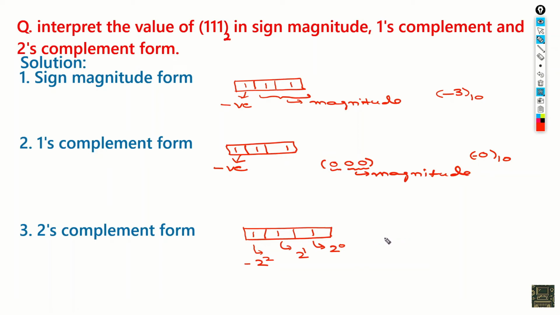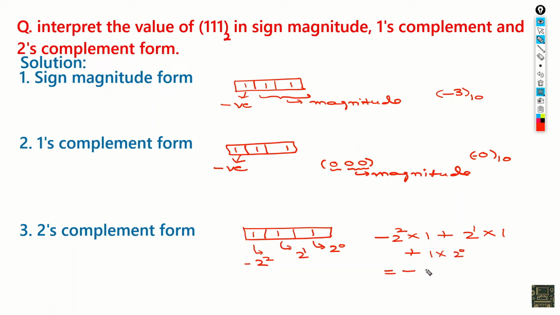In decimal number system, this is minus 2 raised to the power 2 into 1, plus 2 raised to the power 1 into 1, plus 1 into 2 raised to the power 0.